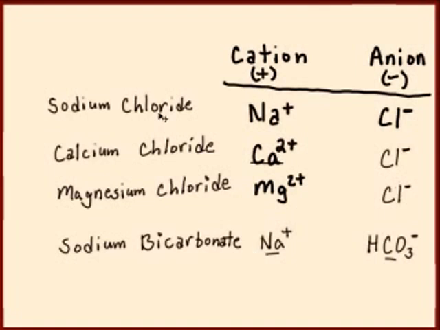Now, when they get into our body, they separate into the sodium cation and the chlorine anion, and these have charges, and they can conduct electricity. And when these were first discovered, scientists found out that they could conduct electricity, and so we call these very important salts electrolytes.